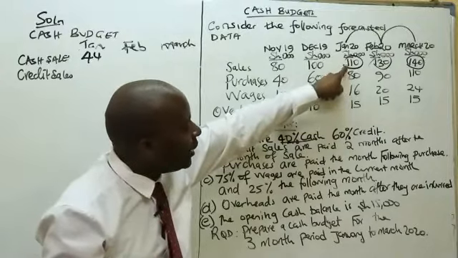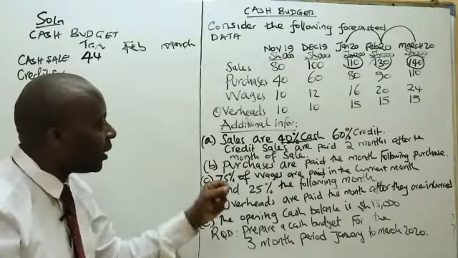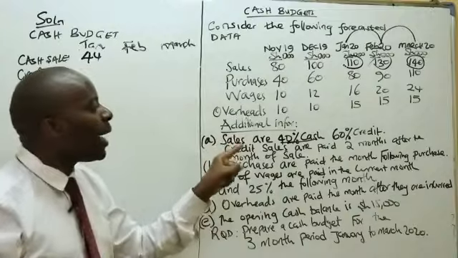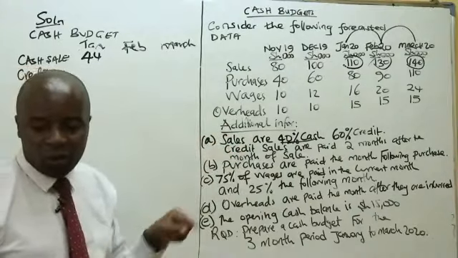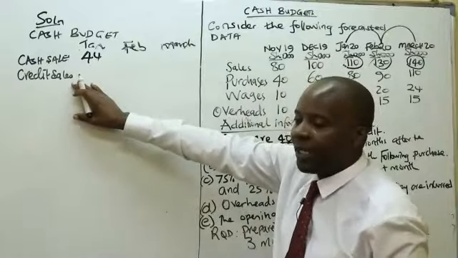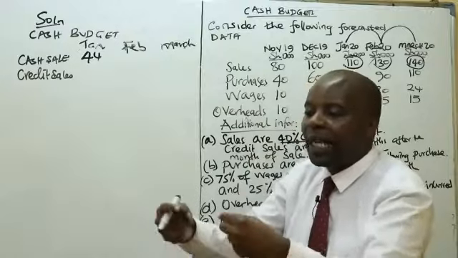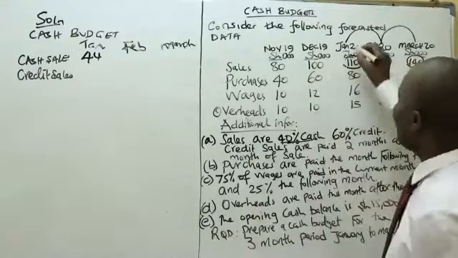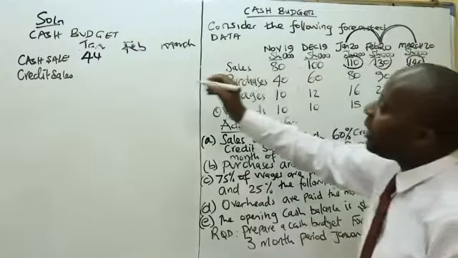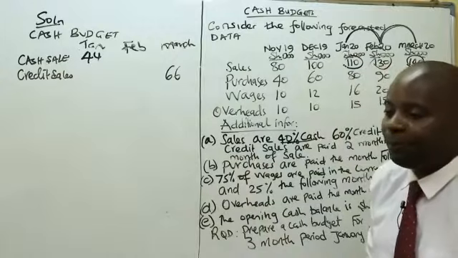Remember the policy of credit sales: they are paid 2 months after. So 2 months after January, first month, second month, this 66 will be received in the month of March.